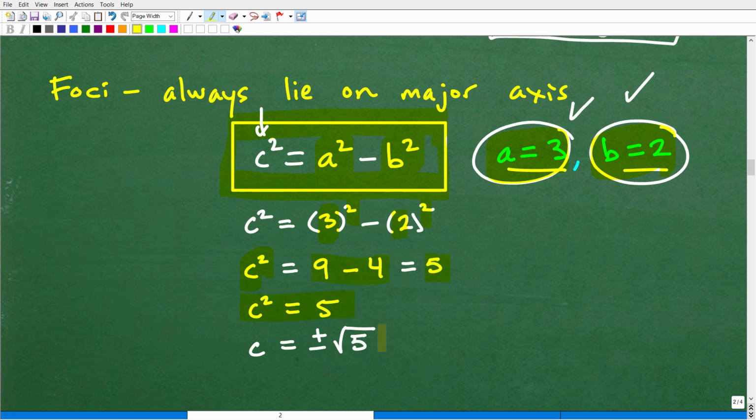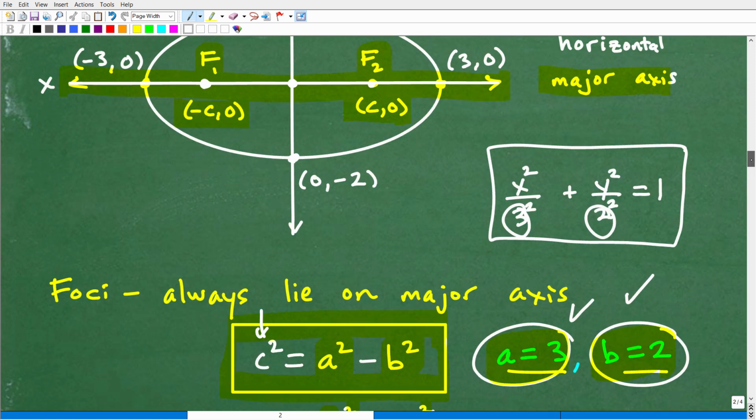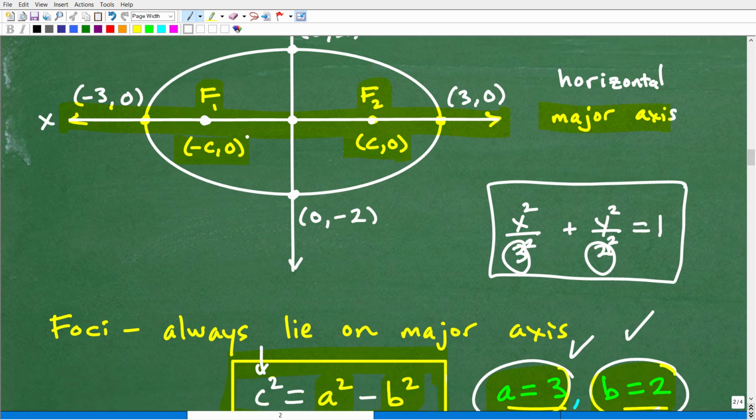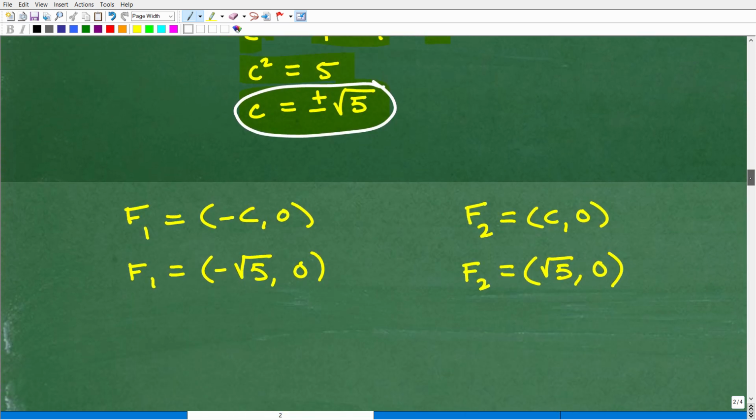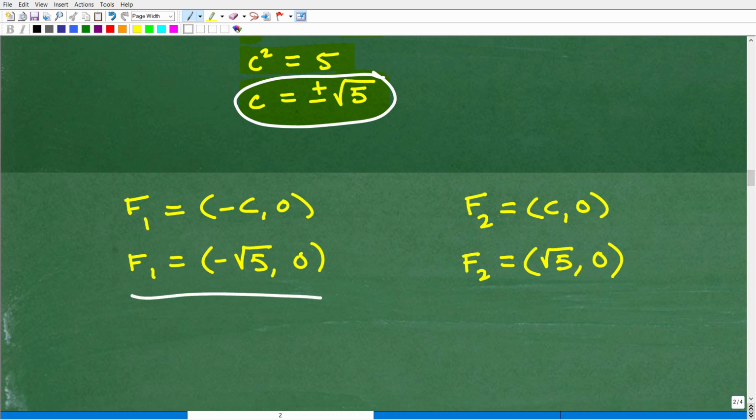When we take the square root of both sides, we get c is equal to plus or minus square root of 5. Remember, these coordinates are (-c, 0) and (c, 0). So we plug in each of those values for c, and you get the first focus, F1, at (-square root of 5, 0), and the second one right here at (square root of 5, 0). And these are our foci.